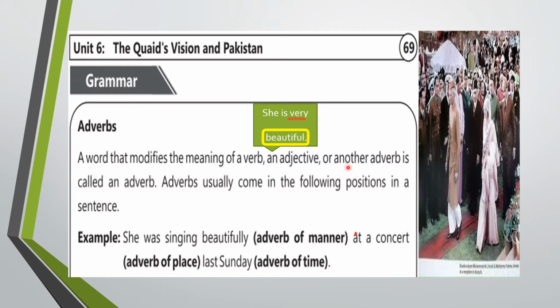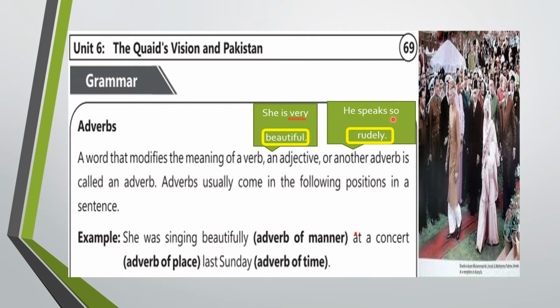Let's come to the third part of this definition. An adverb also modifies another adverb. He speaks so rudely. In this example, rudely, what is rudely? Yes, it in itself is an adverb because it is modifying the word speaks.